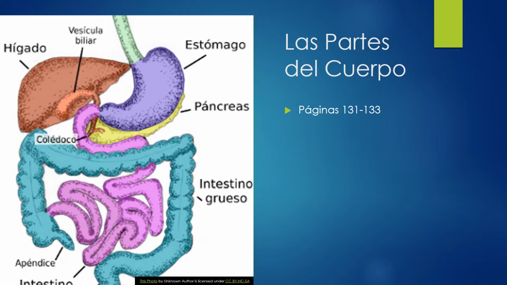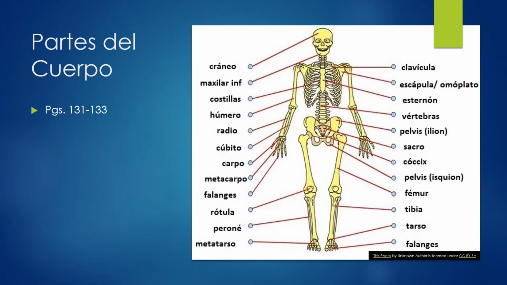For example, if you are studying to become a dental assistant, you probably don't need to know too much about the large intestine. But if you're studying to become, I don't know, an internal medicine doctor, then you definitely would want to focus on the large intestine versus a molar. So take a look again at pages 131 to 133.